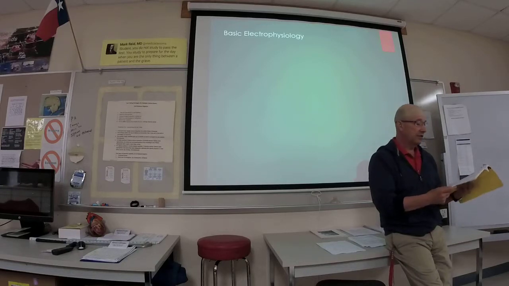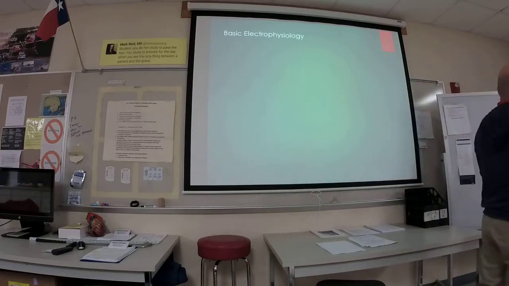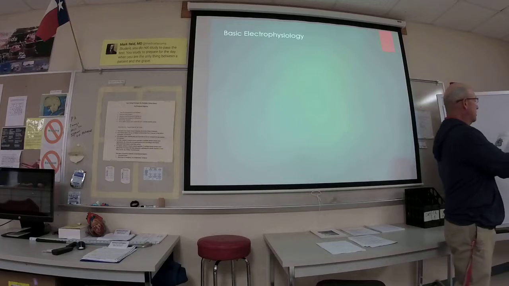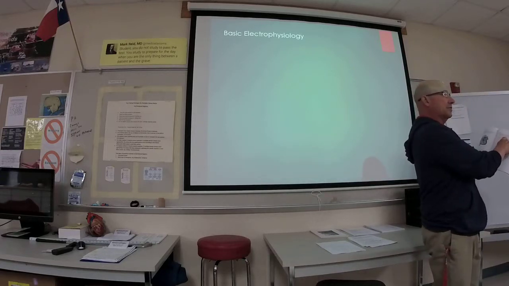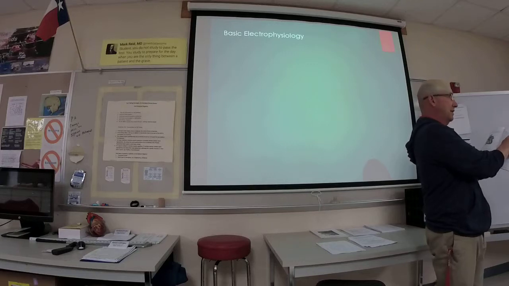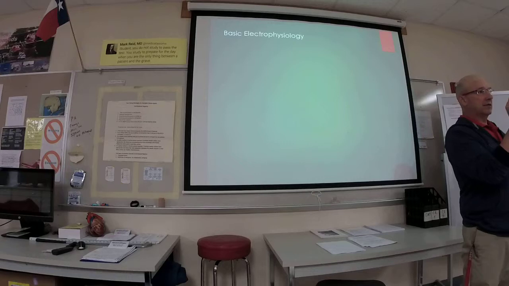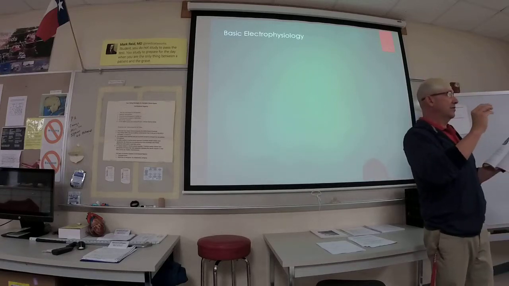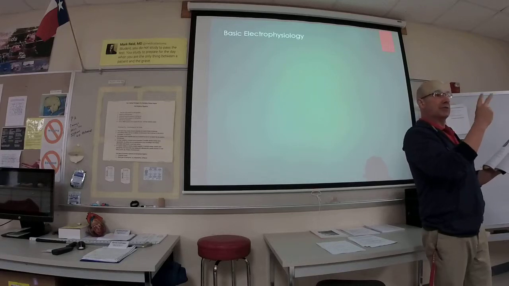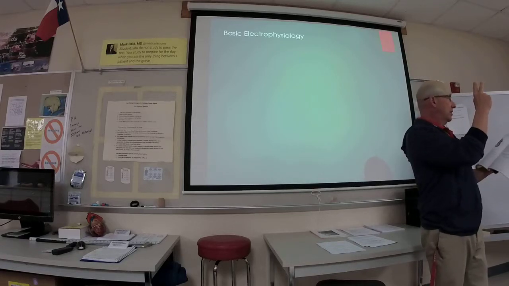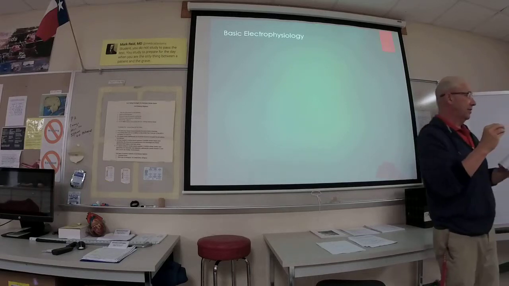The valves, the different parts like the papillary muscles. I underlined this because I know what a papillary muscle is, but we haven't talked about it in a long time. The papillary muscles are attached to the base of the ventricles, and attached to them are the chordae tendineae, the little tendons that connect to the valves, and those papillary muscles contract and pull the valves open.